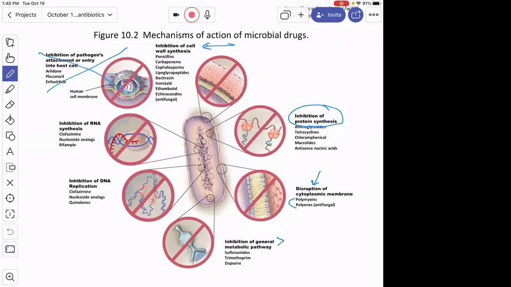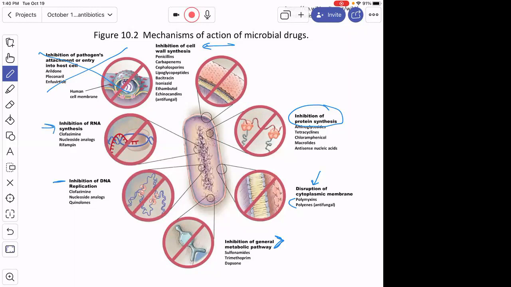We might try to inhibit some pathway that bacteria have that we don't, some metabolic pathway. So we've got a few drugs that can do that. We have drugs that can inhibit DNA replication, again, maybe by some enzyme that's just different enough from our DNA replication enzymes, or inhibiting RNA synthesis.